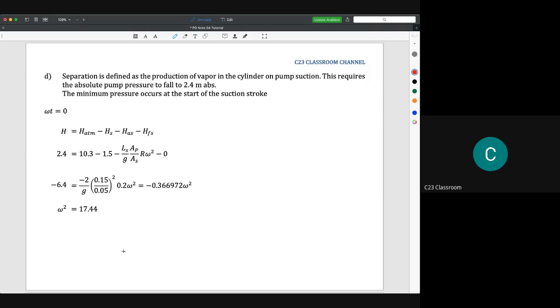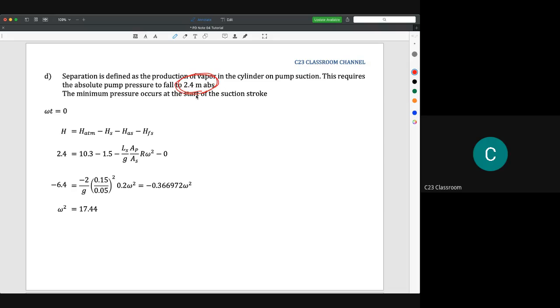And now we need to calculate the maximum speed that can be used for this pump without any separation. In this question, they give you 2.4 meters absolute as the vapor pressure head. What is vapor pressure all about?